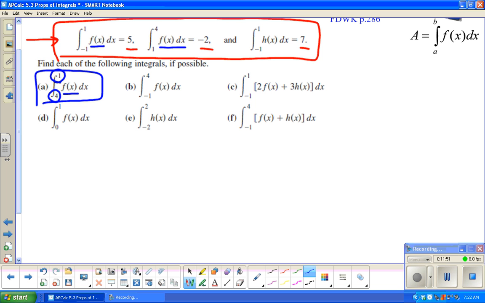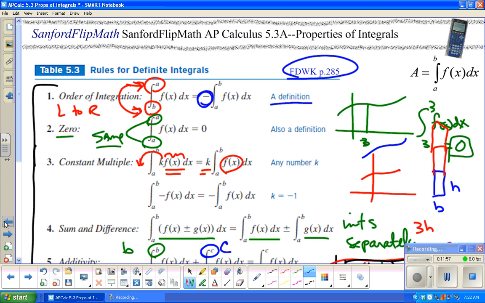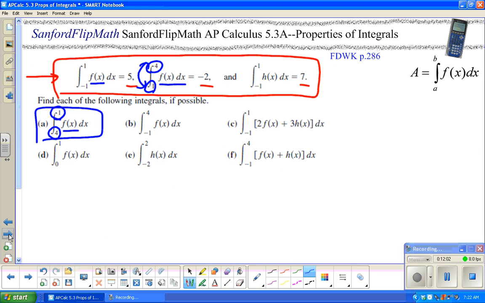Here's f of x, it's 4 and 1, but they're switched. Well, we had a cute little property back here that said that if the order is switched, then the sign changes. So for a, it has to be whatever the negative of -2 is. So let me just kind of clean this up. I'm not going to write it down there.